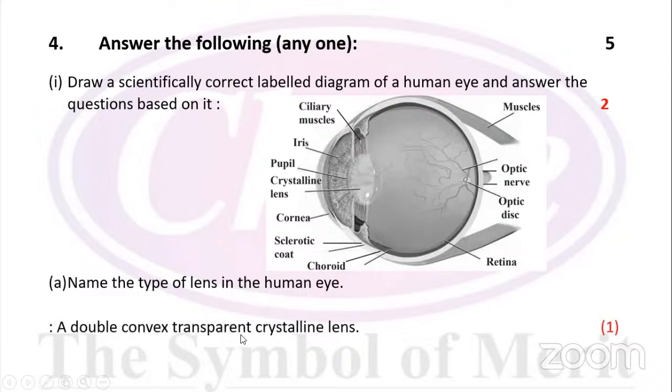So it is a double convex transparent crystalline lens. Okay, if somebody writes convex lens, that is also fine, but this is the complete answer: a double convex transparent crystalline lens is used in the human eye.